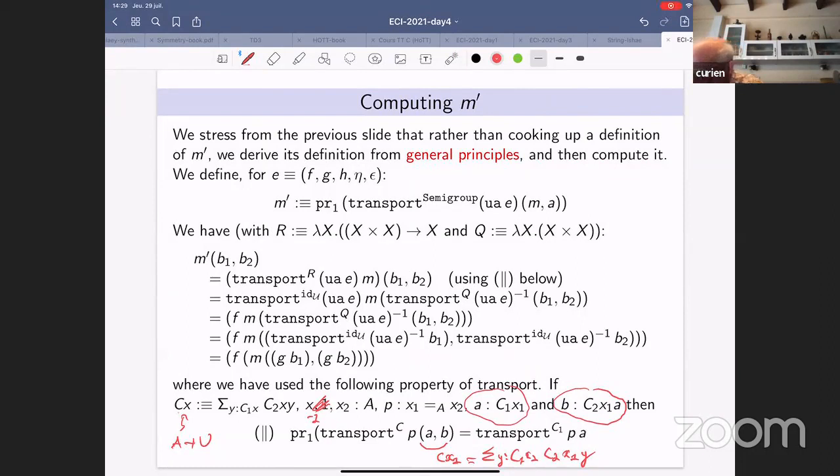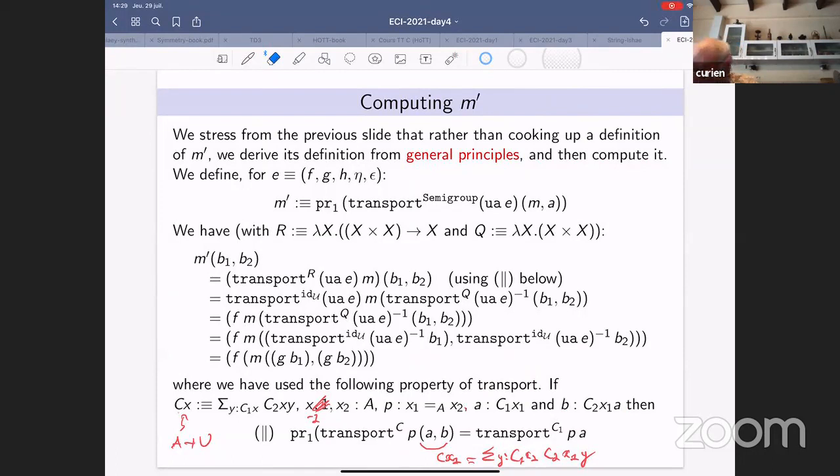So you see that A is an element of C1 X1. This is what I wrote here. And B, because I chose already some A, this Y gets instantiated here to A. So B is really an element of C2 X1 A. So I did not cheat on you by specifying these typings for A and B. They were the ones expected by this formula.